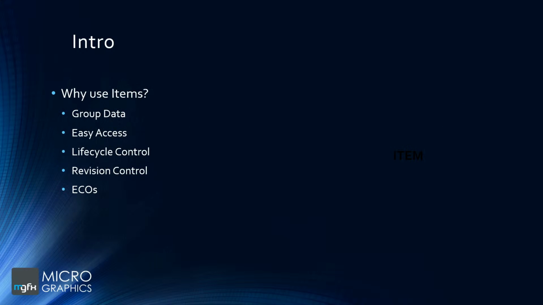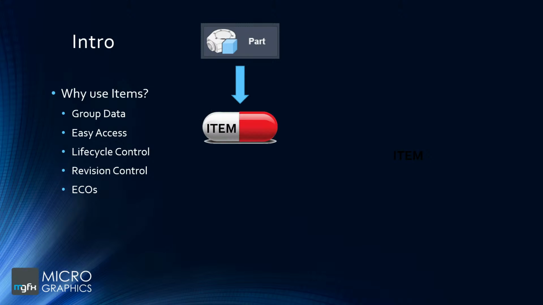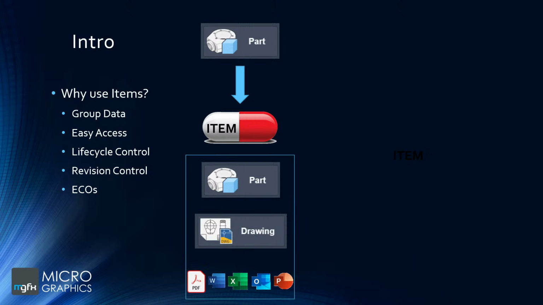Just to expand on the thought of, why would you want to use items? We can look at taking a single part, converting it to an item, and that item groups information together. So, repeating basically the previous slide here, but just showing here that you can look for that part.